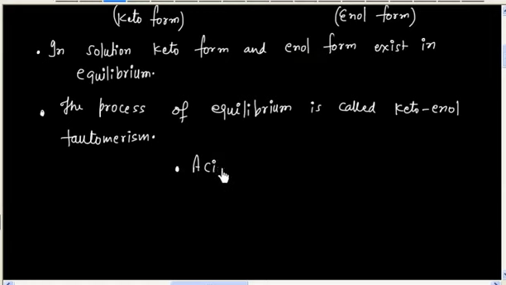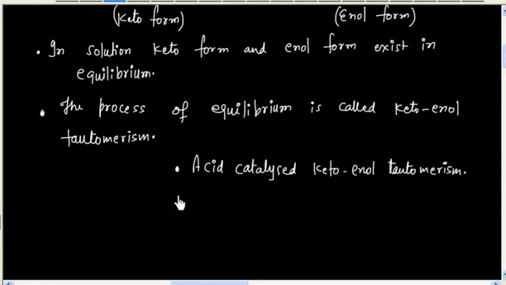So we can have acid catalyzed keto-enol tautomerism, or we can have base catalyzed keto-enol tautomerism.